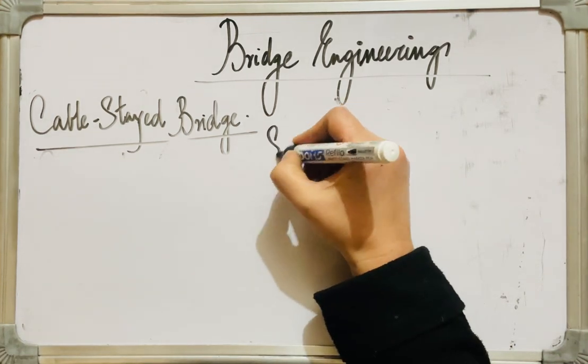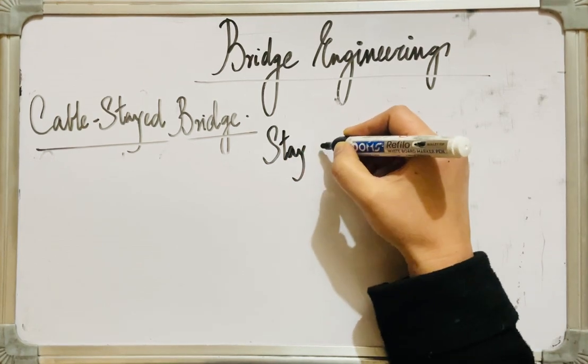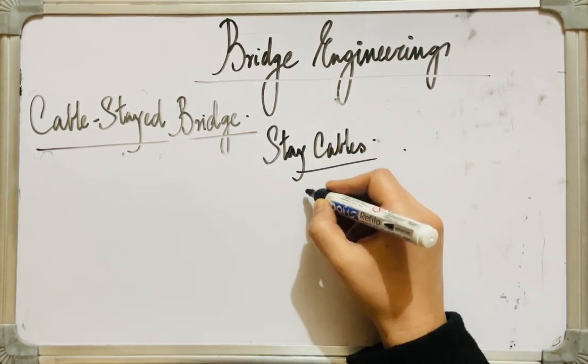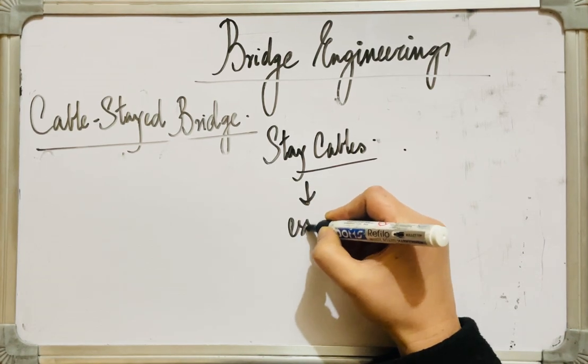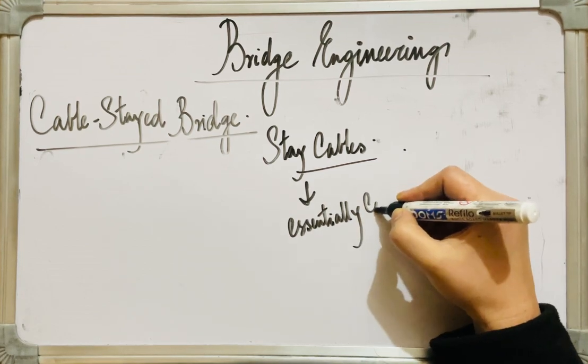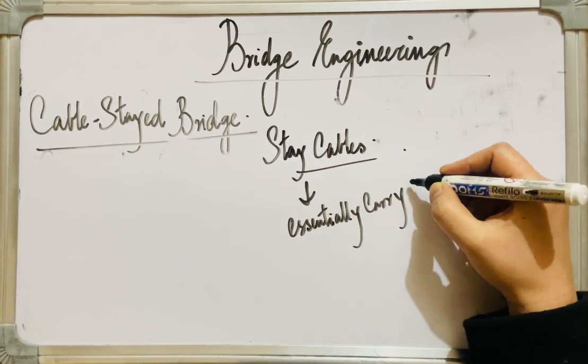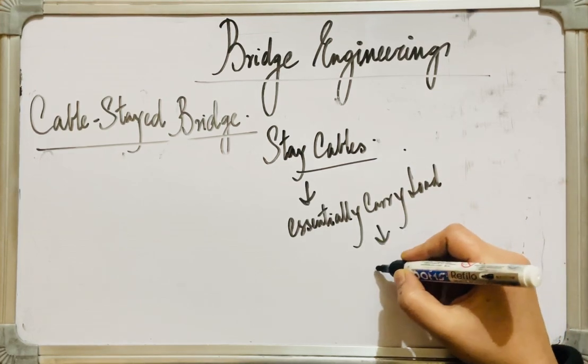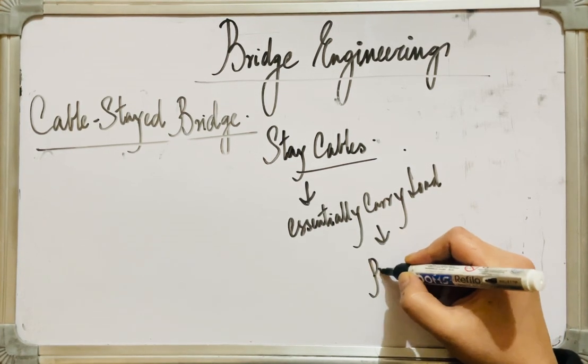All right, now these stay cables constitute a critical component in case of a cable stayed bridge because they essentially carry the load of the bridge deck and transfer it to the towers or the pylons.